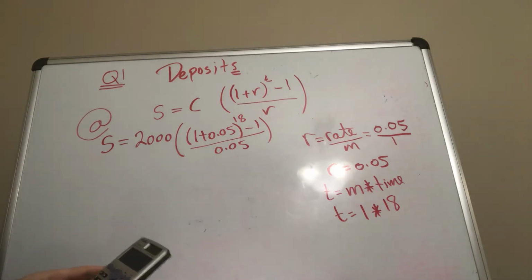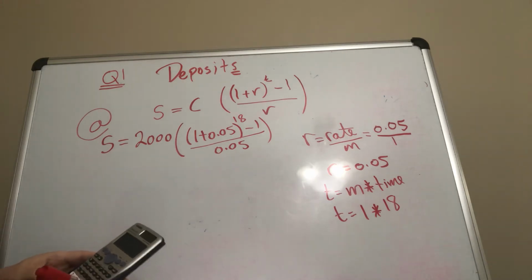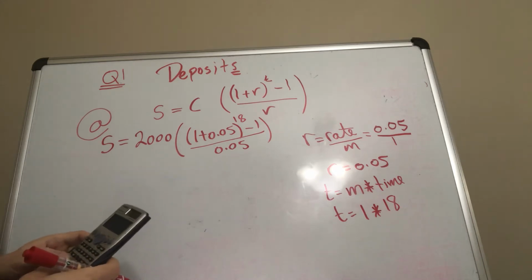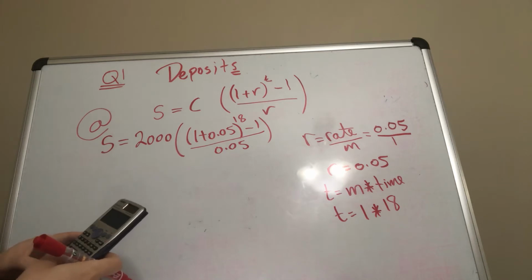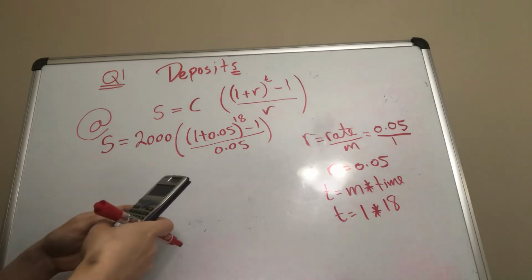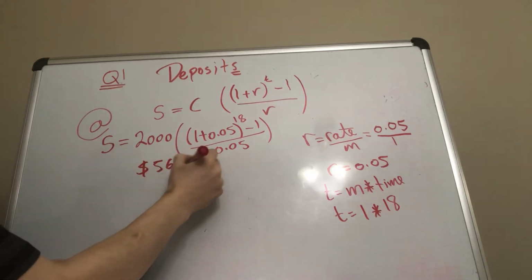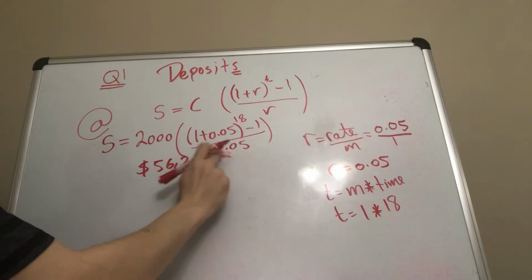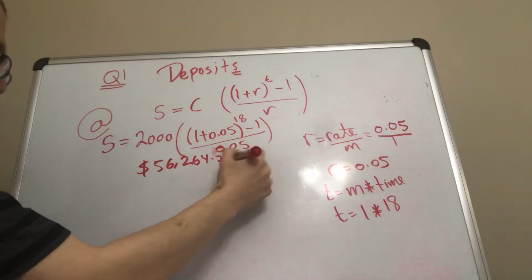You go 2,000 times brackets, another bracket, 1 plus 0.05, exponent 18, minus 1, over 0.05. And this will give you 56,264 and about 76935.